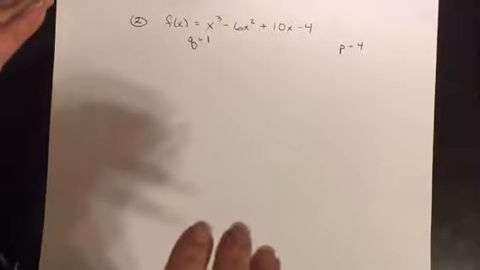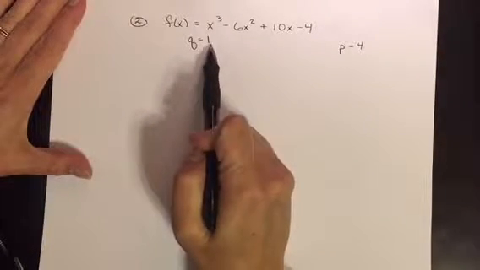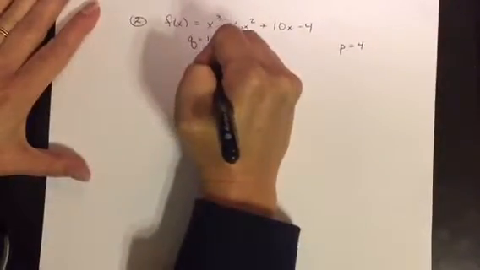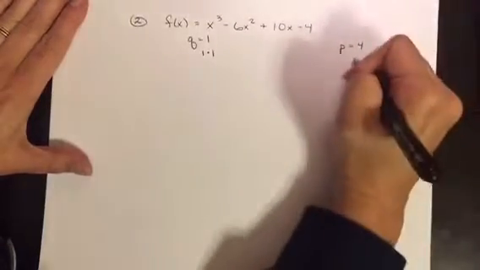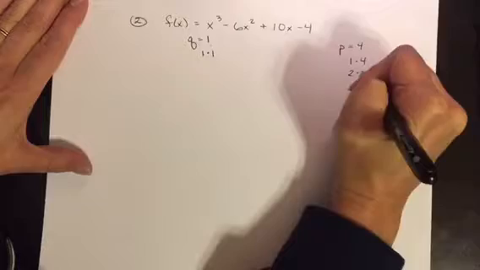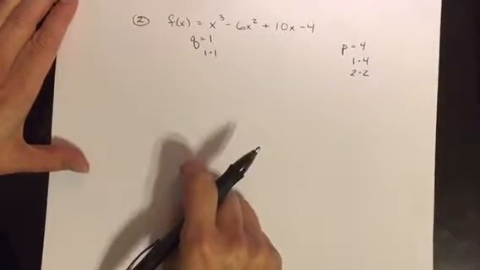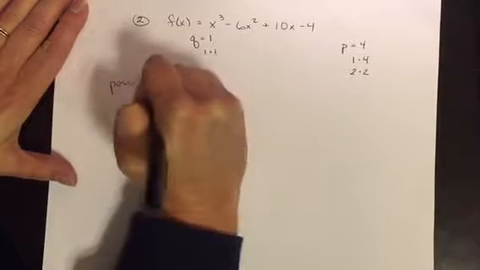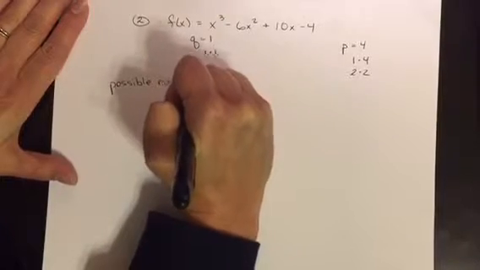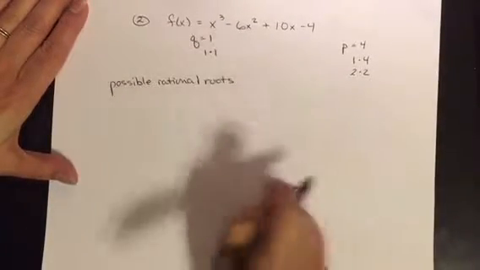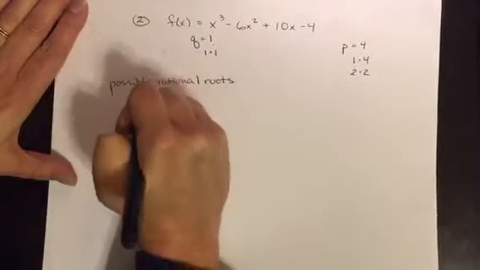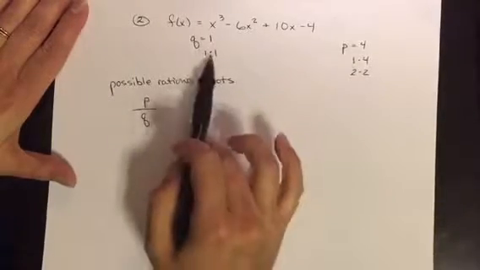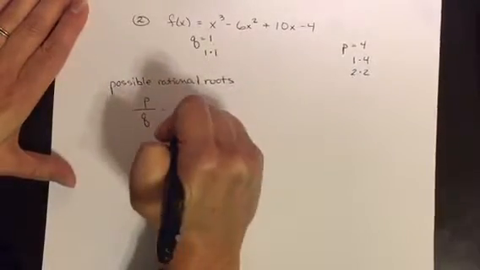So when we're looking at this, we need to look at the factors of 1 and the factors of 4. Well, 1, pretty boring, 1 times 1. 4, I can have 1 times 4 or 2 times 2. So now I'm going to list all of my possible rational roots. Okay, so that's all of the possible combinations of P over Q. In this case, it's super easy because my Q is 1.